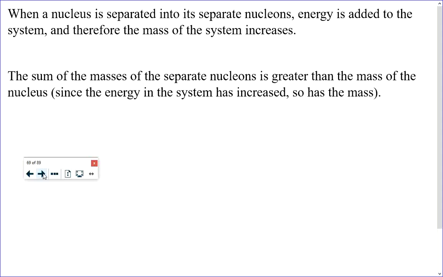Because the masses of the nucleons are tiny and the energy required to separate them is large, that increase in mass is measurable.